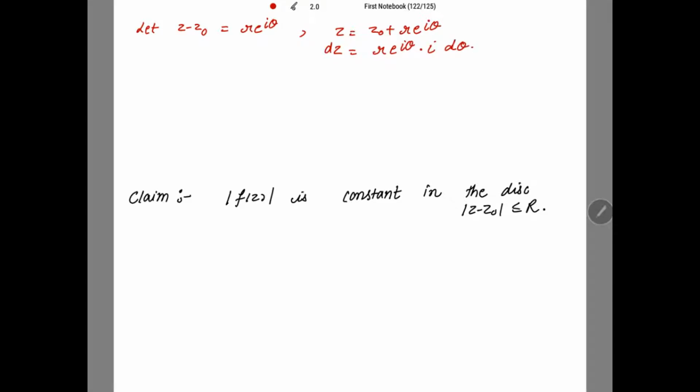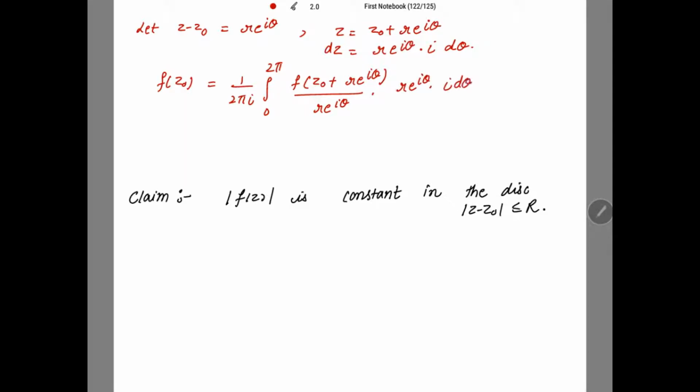And what we get, just put the values in Cauchy's first integral formula. f of z0 is equal to 1 over 2 pi iota integral, now we are going to put the limits from 0 to 2 pi. Instead of f of z we write f of z0 plus r e to the power iota theta, over z minus z0 which will be written as r e to the power iota theta, into, instead of dz we are writing this.